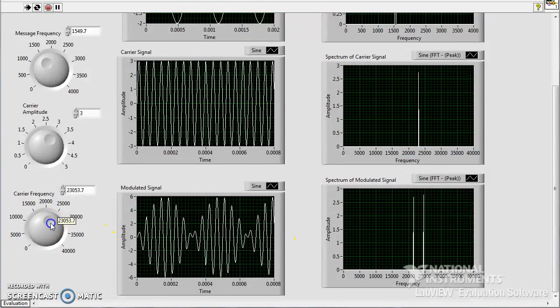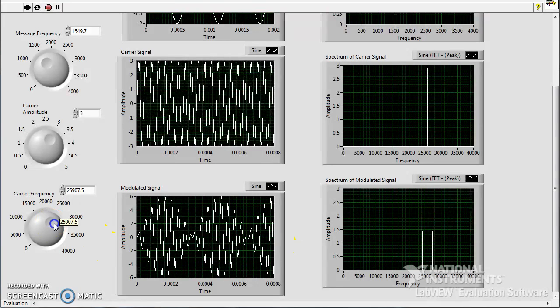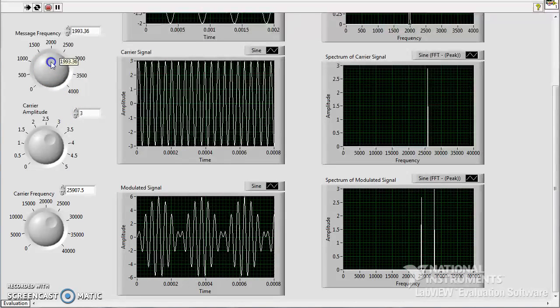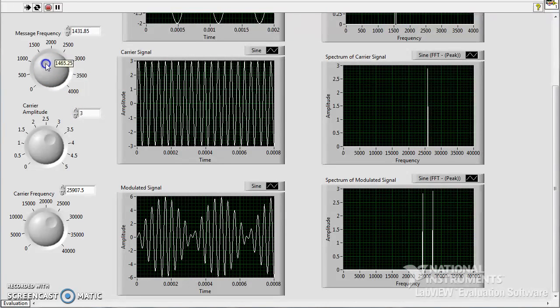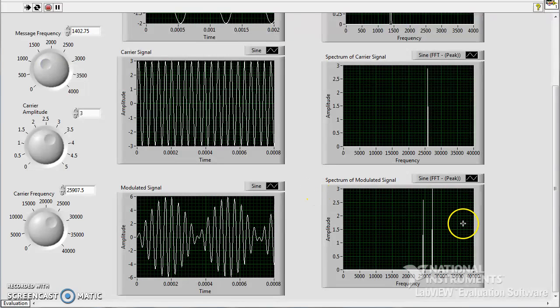A similar thing happens if I vary the carrier frequency, where the upper and lower sidebands are centered around the carrier frequency. Just vary this message frequency, reduce it, you could see they are coming close to each other.